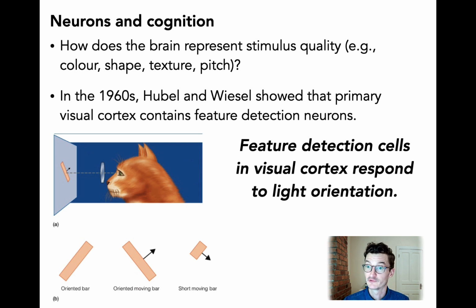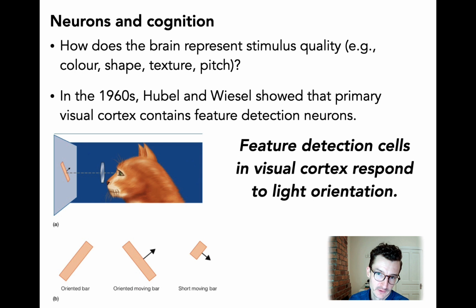So there are cells that responded to essentially a bar of light that were vertically oriented, horizontally oriented, angled. There were other cells that responded to moving bars of light, other cells that responded to very short bars of light. And again, these are known as feature detection cells. And we think it's cells like these that encode the quality of stimuli.